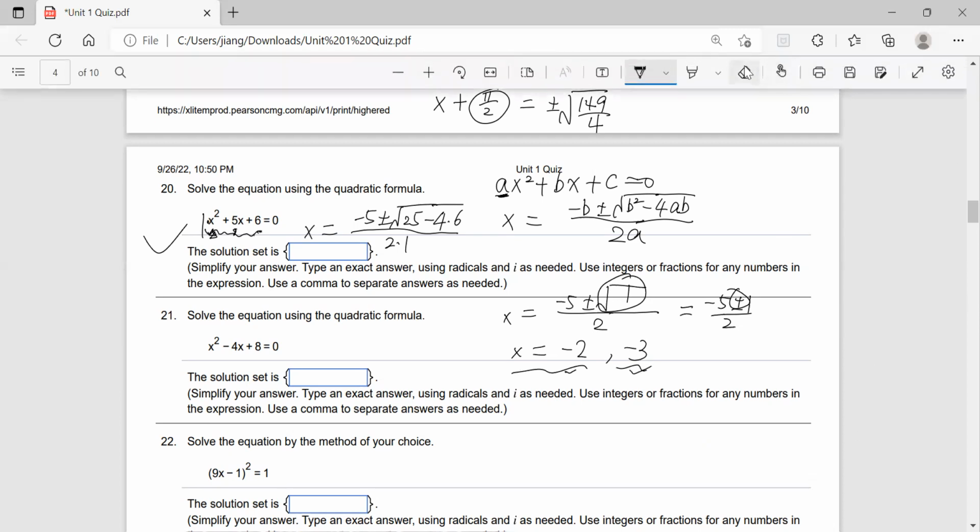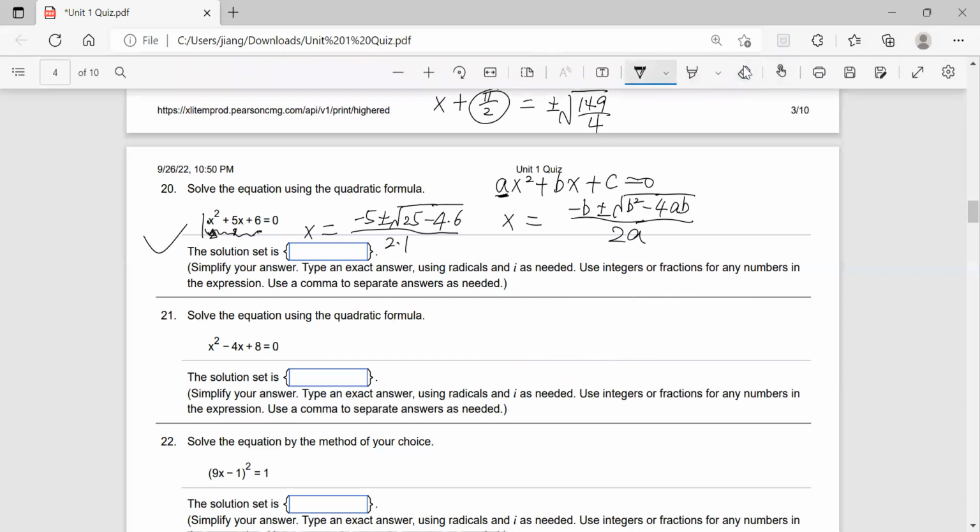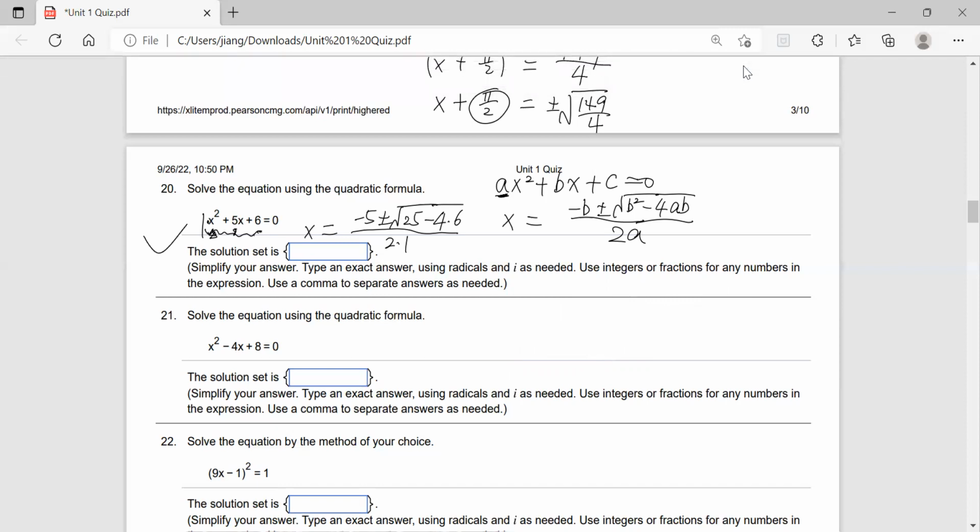So let's clean this area for the next question, number 21. Okay, yes, more space. So this one, solve the equation by using the quadratic formula. So let's use the quadratic formula. x equals negative b.